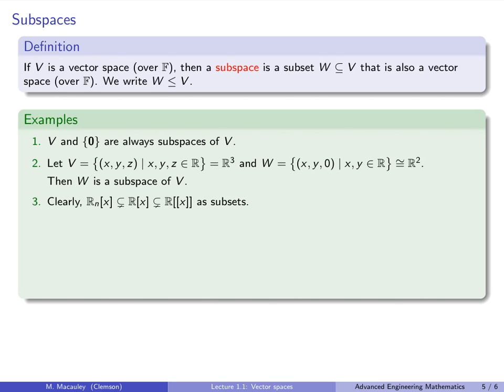Here's another simple example. The space of all polynomials of degree at most n is a proper subset of the space of all polynomials of any degree, which is a proper subset of the space of all power series. And that is if you allow a power series that eventually ends in 0 to be thought of as a polynomial.